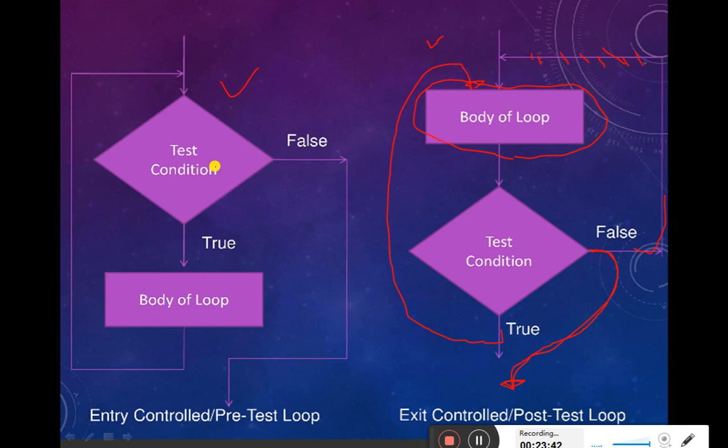This is one of the main differences between entry controlled and exit controlled looping statements. Here the body will be executed 0 or more times; in this case, 1 or more. So this is how we can understand the difference between entry control and exit control looping statements.